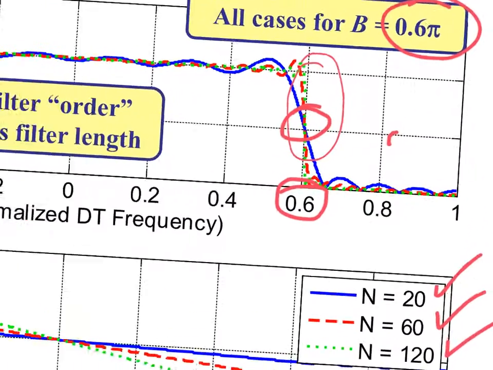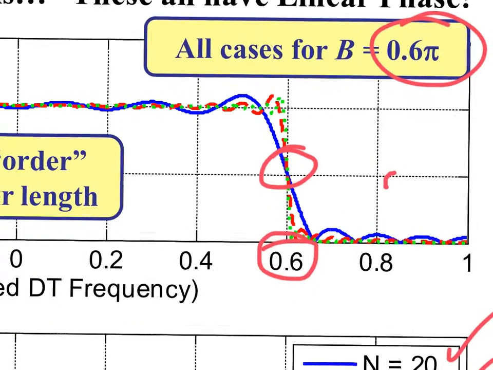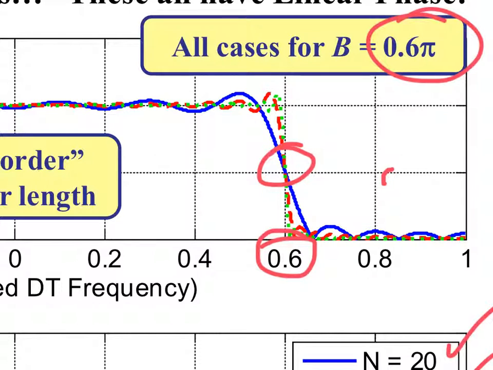The last thing I want to show you, though, is, let me see if I can get rid of some of this stuff here. No, not that way. Let's try it this way. If we look at the height or the amount of ripple, we see that the amount of ripple actually doesn't get better as we go to longer filter length.